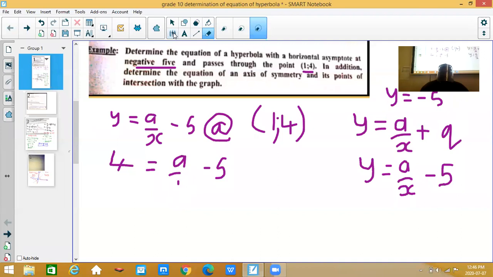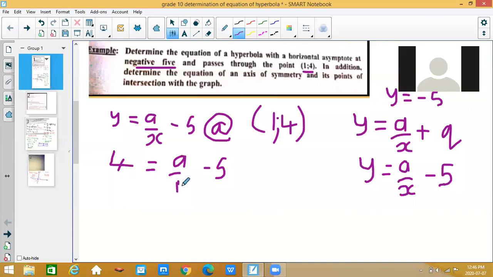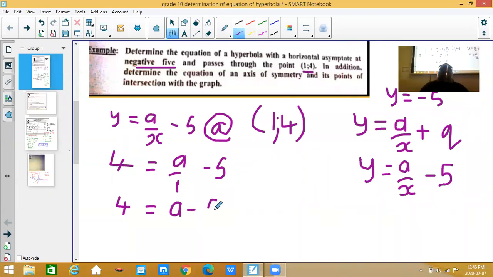Right. After this point, what is it that we have? We want to find the value of A. Now, 1 into A, what does that give us? A. So we've got 4 is equal to A minus 5. Are you seeing it? Now we want to make A the subject of the formula.